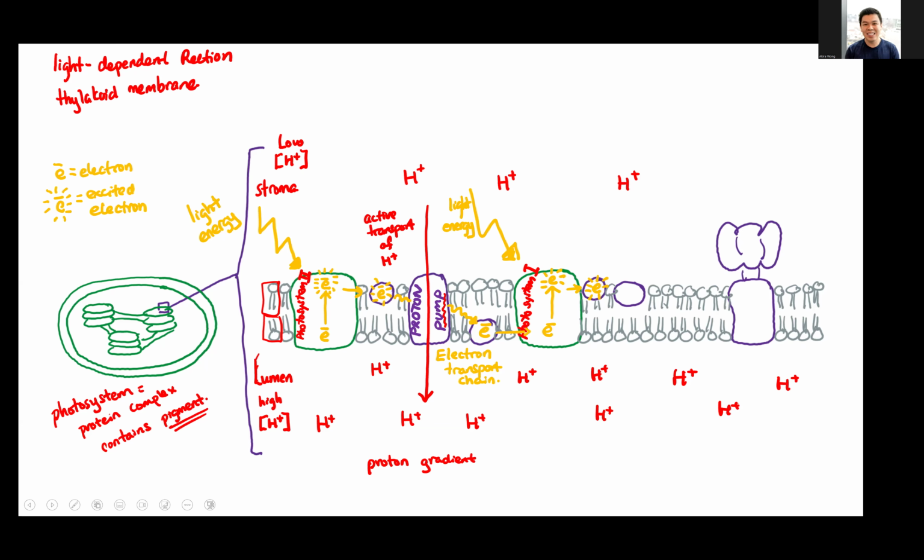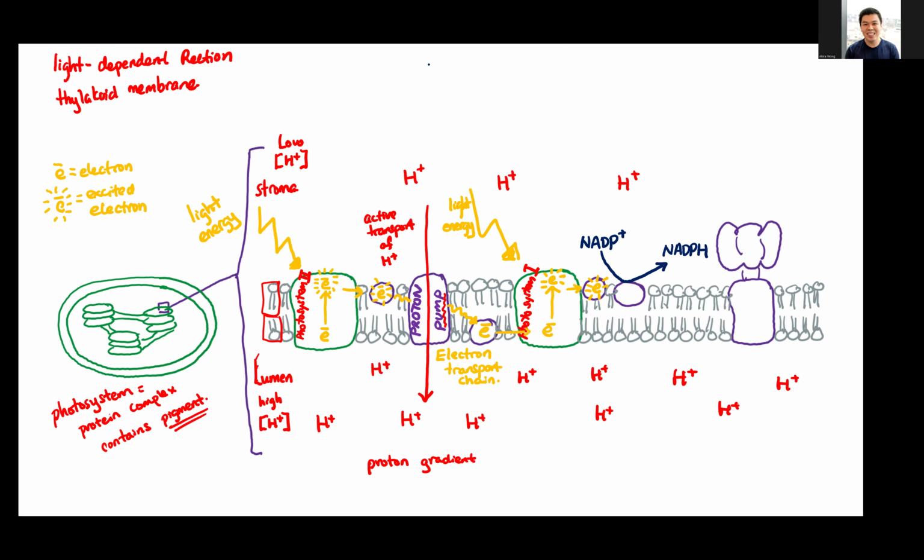And that electron carrier is NADP plus. So NADP plus will be converted into NADPH. You don't have to know the full name of it, but the full name is nicotinamide adenine dinucleotide phosphate.